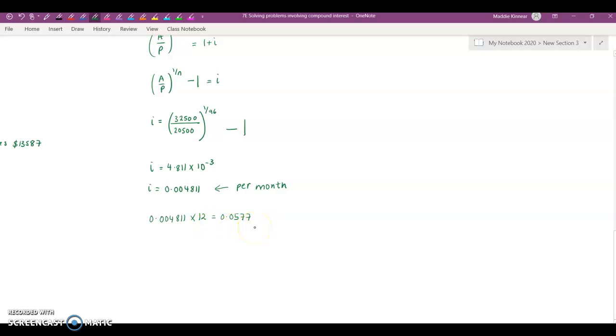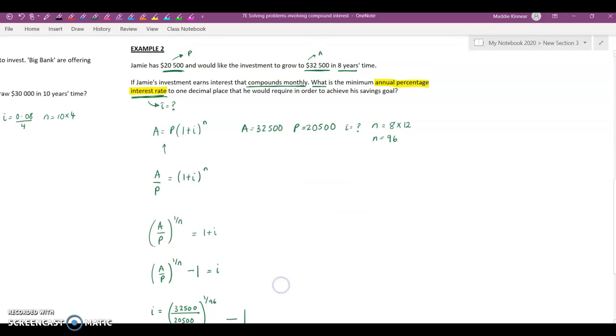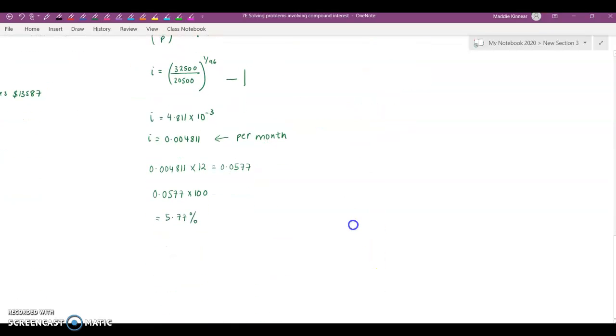So to convert it back to a percentage rate, we then just multiply by 100, or you can just convert it in your head, and we get 5.77%. And I believe this asked us to give the answer to 1 decimal place. That's what it says over here. So converting that to 1 decimal place, we can say that the interest rate that would be needed would be 5.8% per annum, because that's the annual rate.